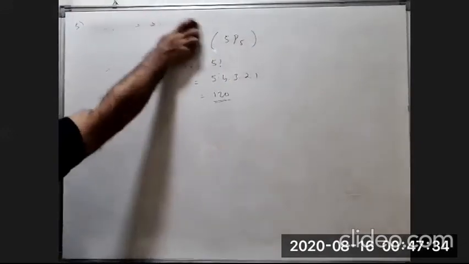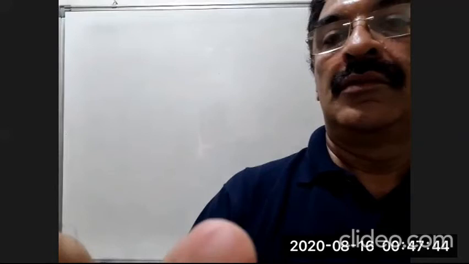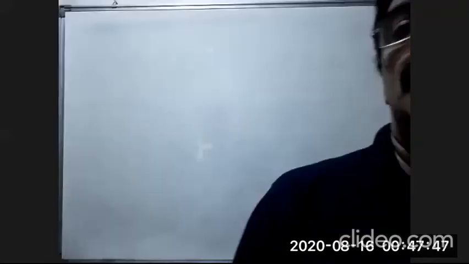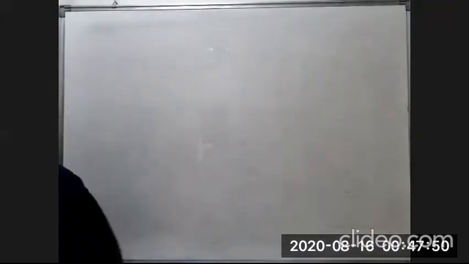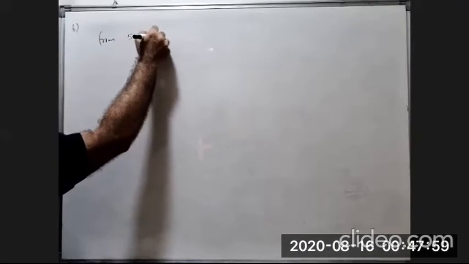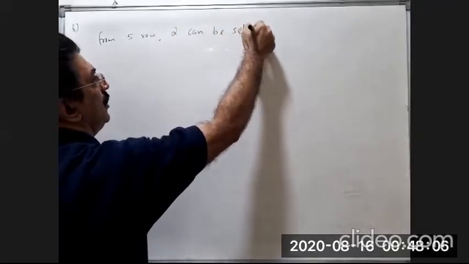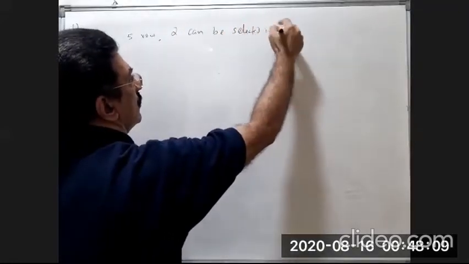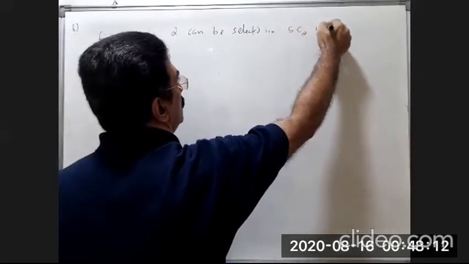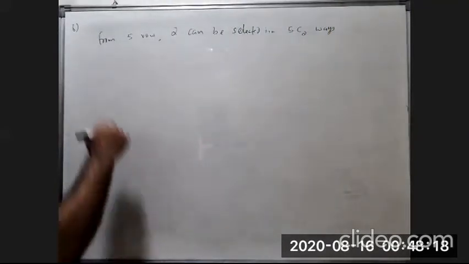Question number 6. From 5 vowels, 2 can be selected in 5C2 ways.